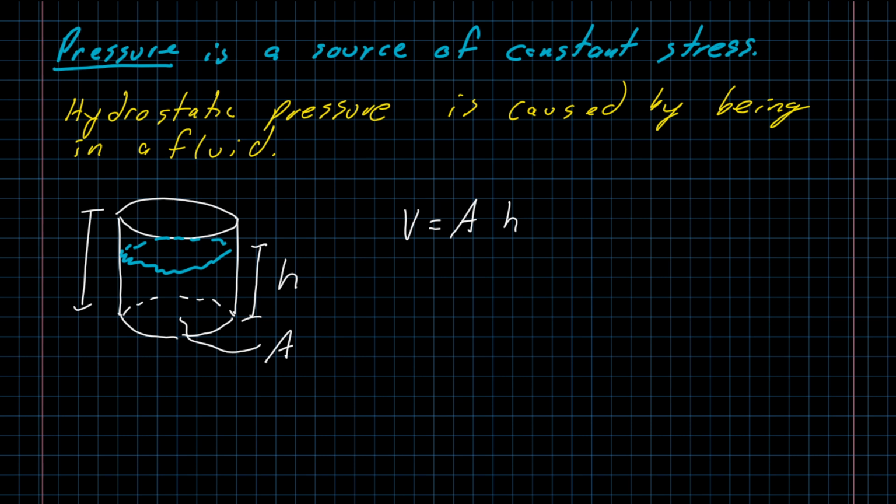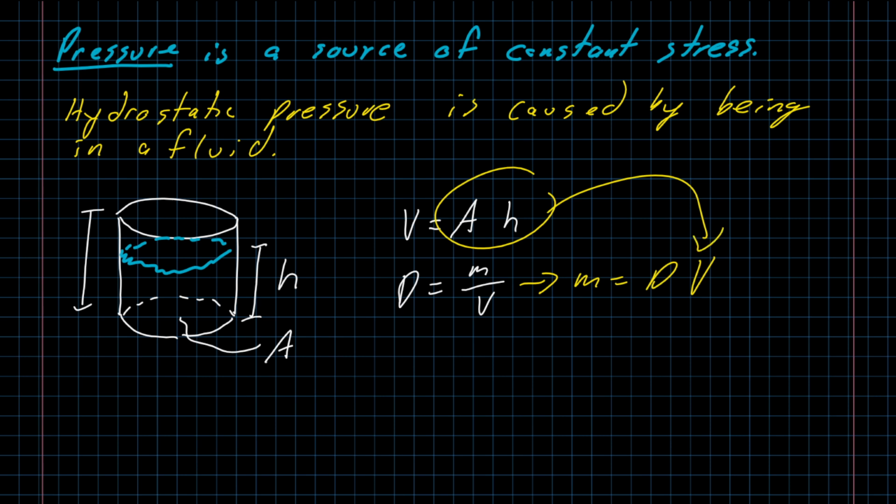When we're talking about fluids, we also might be interested in talking about the density, right? So depending on what kind of fluid it is, density is mass divided by volume. Rearranging that equation, we can write that mass is density times volume, and then substituting in, since volume is area times height, the mass is the density times the area times the height.